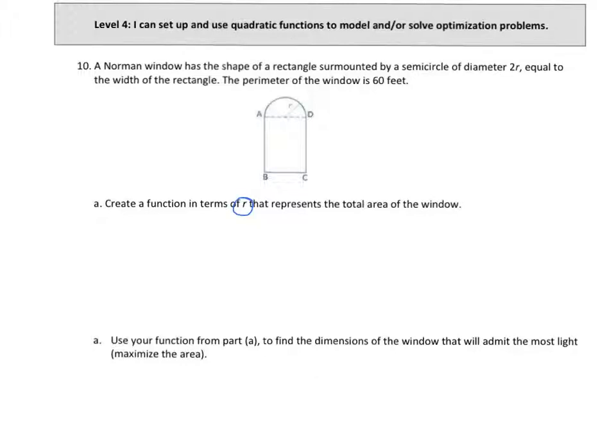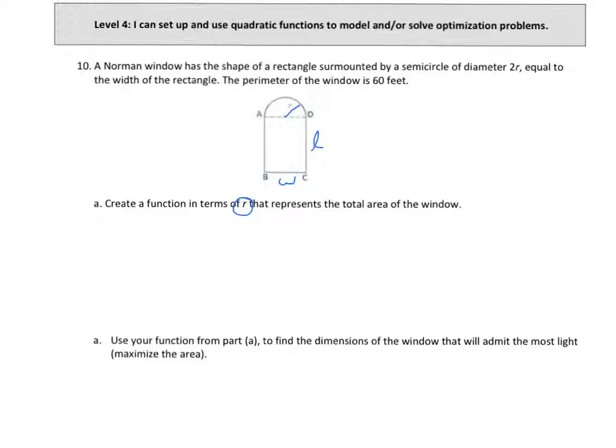So let's think about how we would be writing the area of this figure. Starting off, it may seem like we have lots of variables. The rectangle has a length and a width, and the semicircle has a radius.